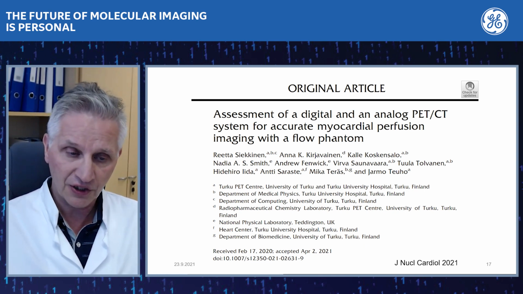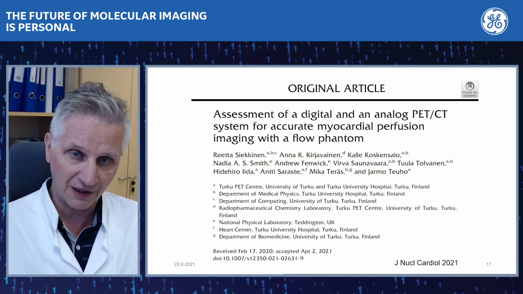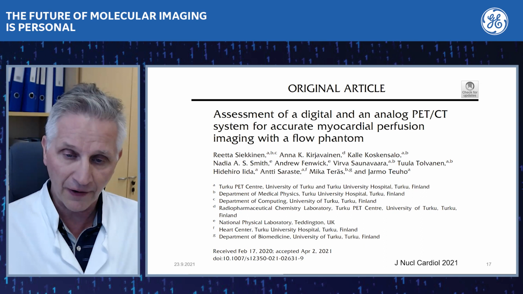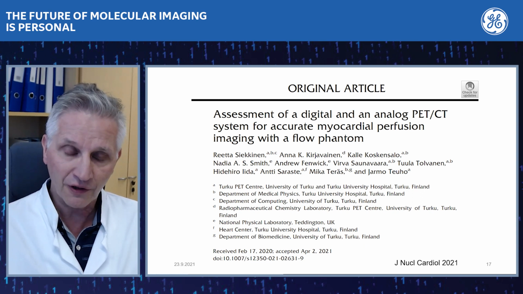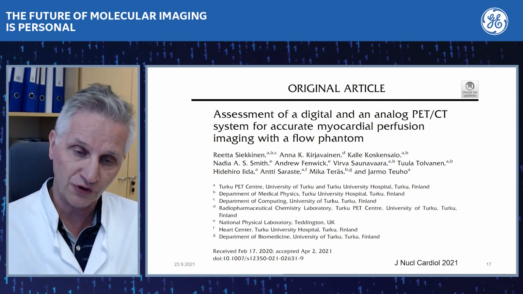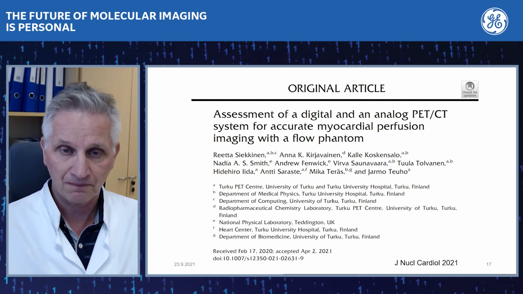And that's why our team performed this kind of study, where we performed phantom studies to compare the previous generation of PET scanners, those non-fully digital versions, versus the most recent fully digital PET scanners.